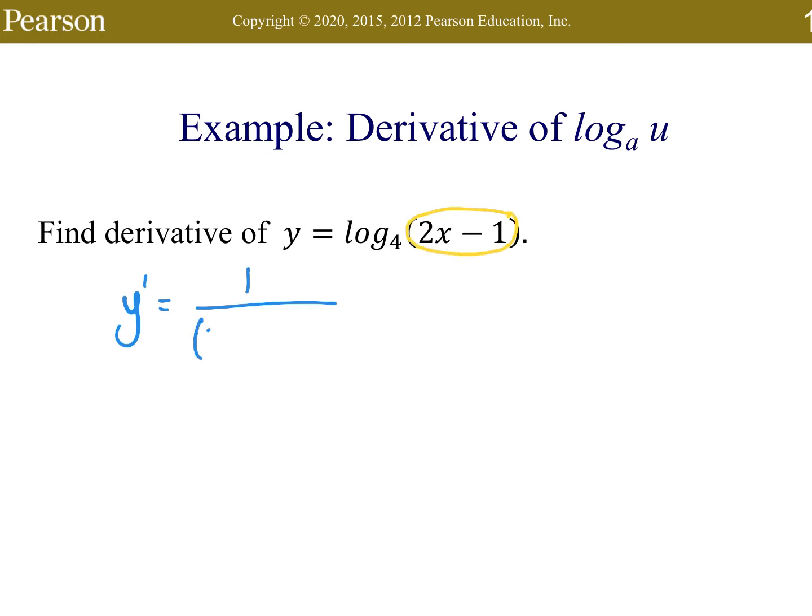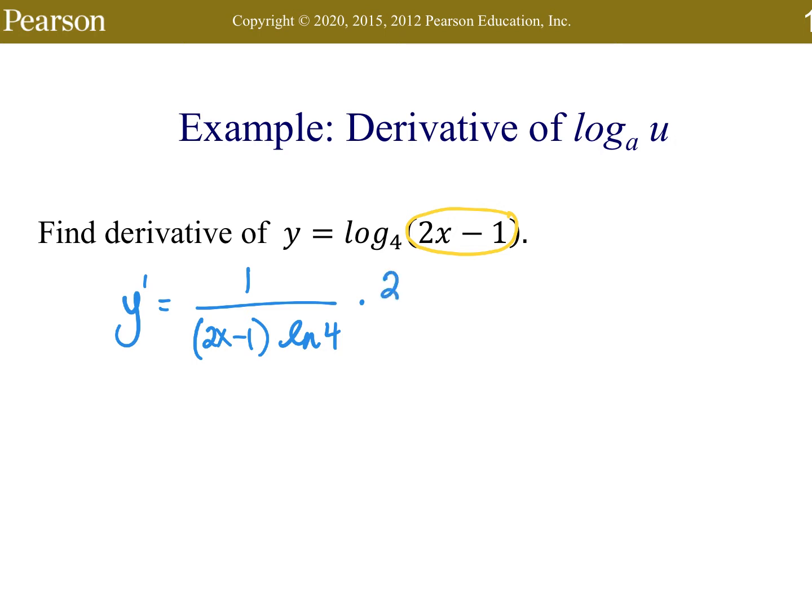So I'll keep it in parentheses, 2x minus 1. Part number 2 is the natural log, and the natural log is applied to whatever the base is. In this case, the base is 4. And then we multiply it by the chain rule of what was in the parentheses to begin with, which is 2.